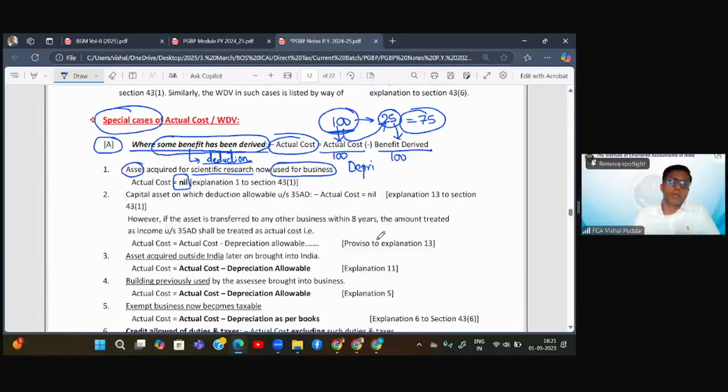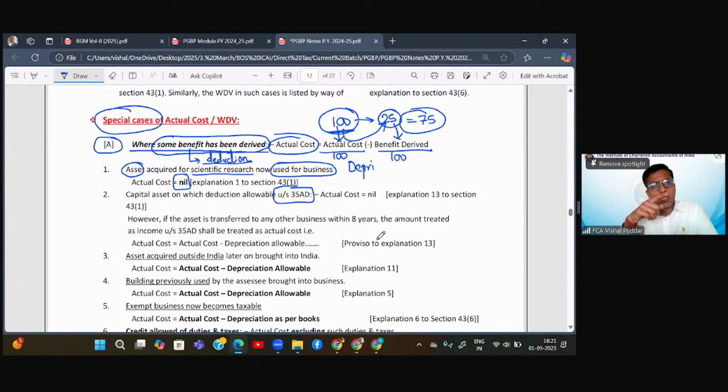Again, as per the same logic, where you are engaged in any of the businesses, the list of which we are going to read today, these are called special businesses covered under 35AD. What is the special point of these businesses? For those people who are engaged in these businesses mentioned in 35AD, the entire capital expenditure is allowed as deduction.